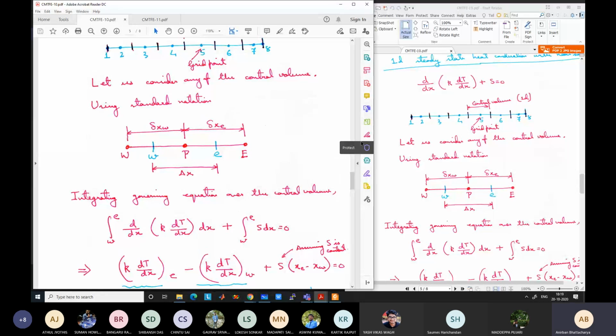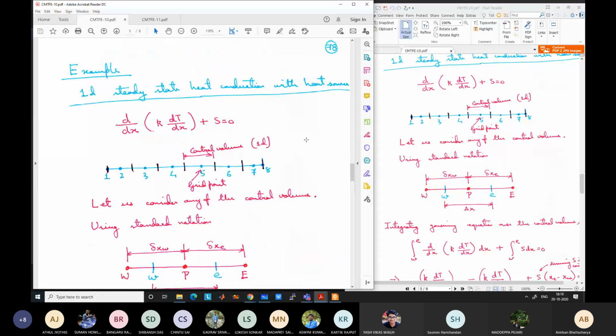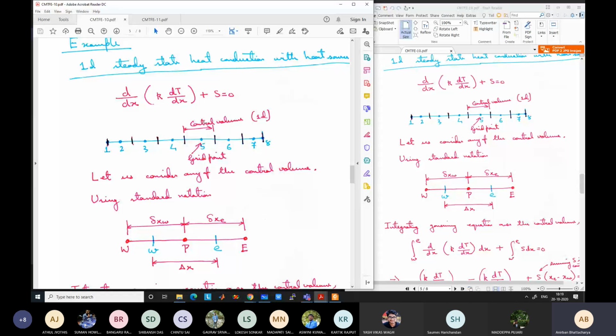So we have taken a very simple example, a 1D steady state heat conduction with heat source, and tried to derive the equation. This is our example for the next few classes. Then we will later on add the convective term, and before that we will add the transient term. But let us first consider this as just a representative equation.